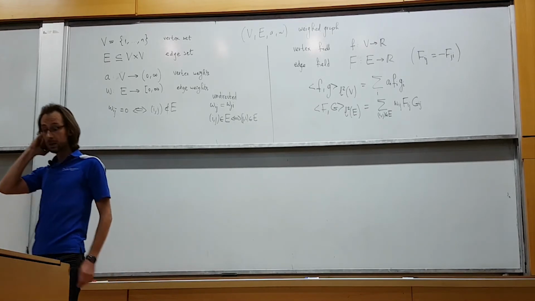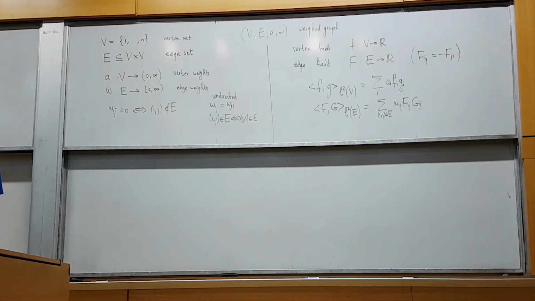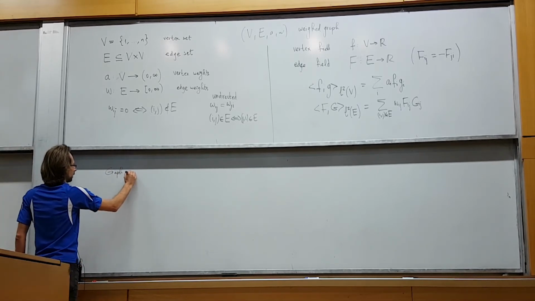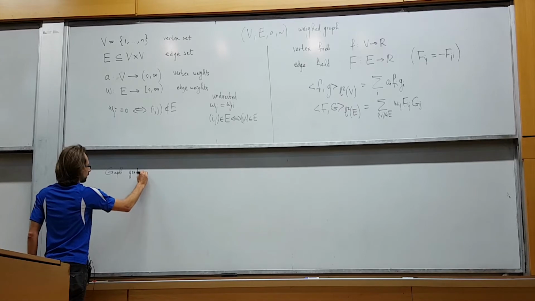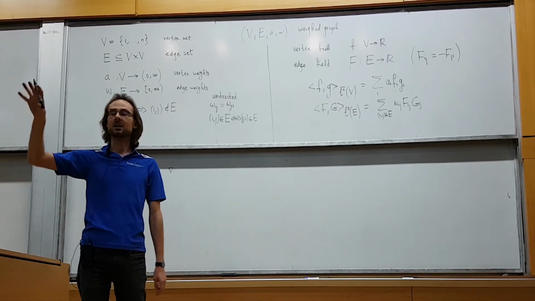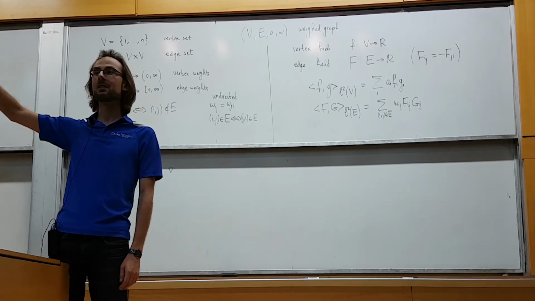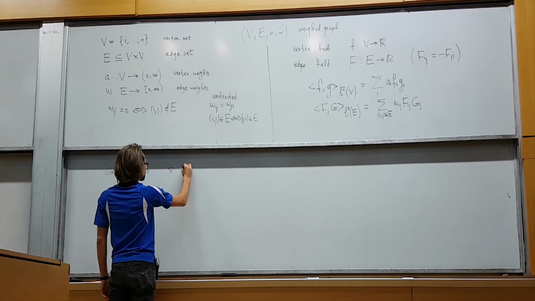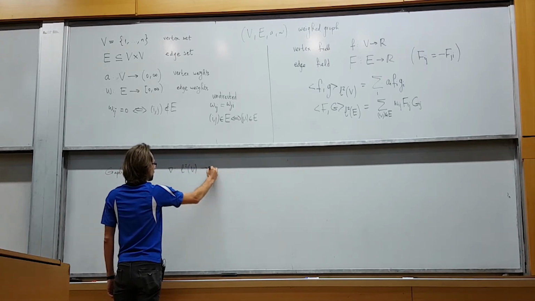Okay. Now the next operator I would like to define will be a discrete analog of the gradient. So I will call it a graph gradient. A graph gradient will be an operator. Remember, the gradient took a scalar field and gave us a vector field, right? So now the gradient will take a vertex field and give us an edge field.